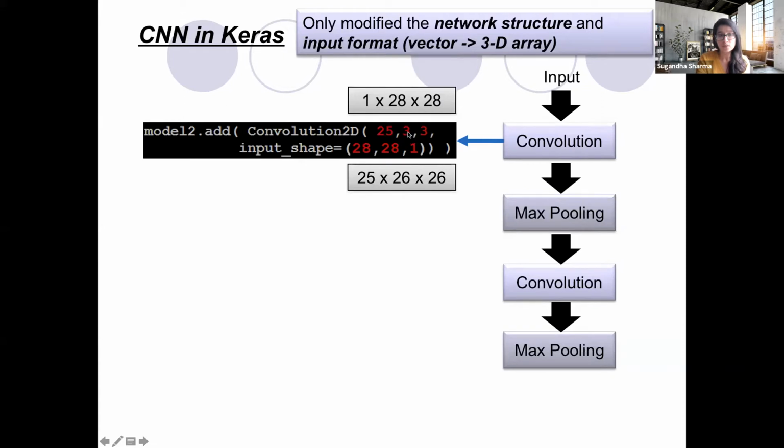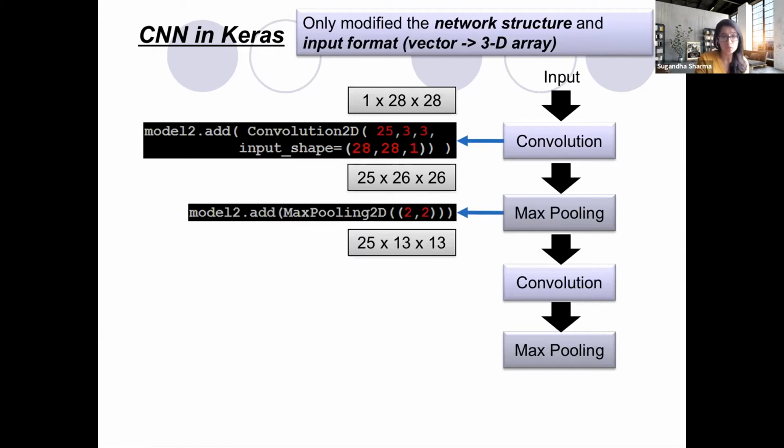This is because we are convolving a 28 by 28 image with 3 by 3 filters, and that reduces each of these to 26 by 26. And we have 25 of them because we have 25 filters, so we have 25 feature maps.